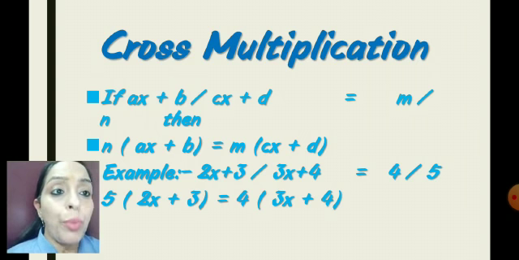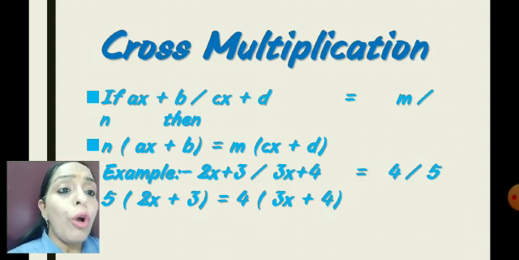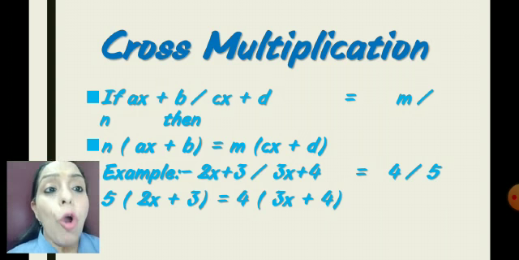That is the question. When I am cross multiplying, 5 is the denominator of the RHS, so it is multiplying the numerator of the LHS, that is 2x plus 3. Now I am multiplying 5 into 2x plus 3, that is equal to 4 multiplied by 3x plus 4. 3x plus 4 is the denominator of the LHS and 4 is the numerator of the RHS.